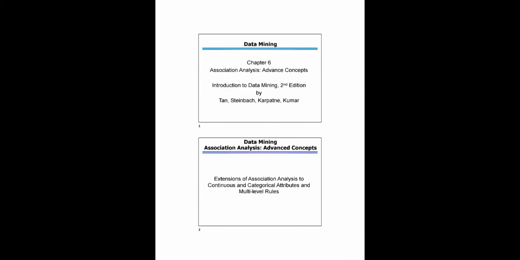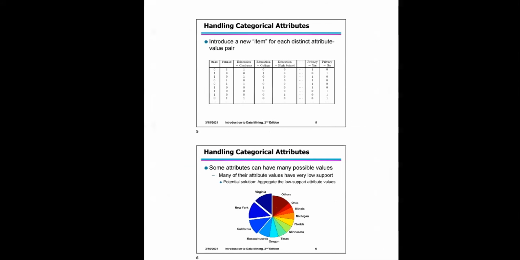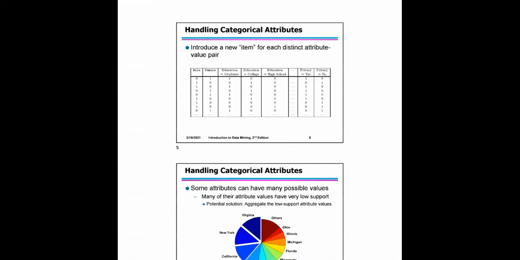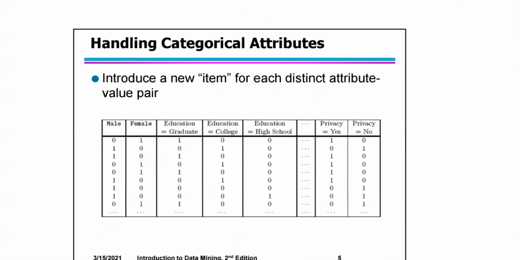This is the handling of the categorical attributes. I already showed the categorical attributes, but I want to represent this same data in symmetric binary attributes.